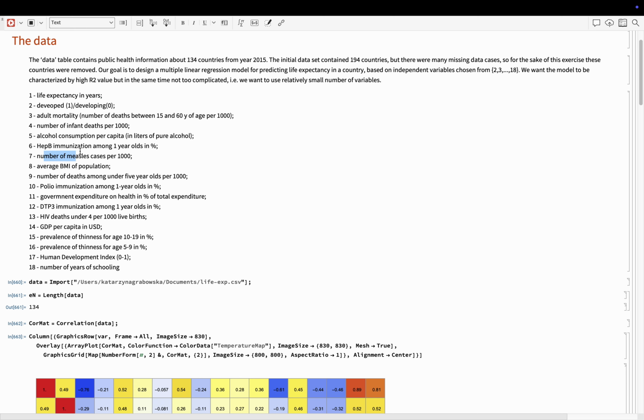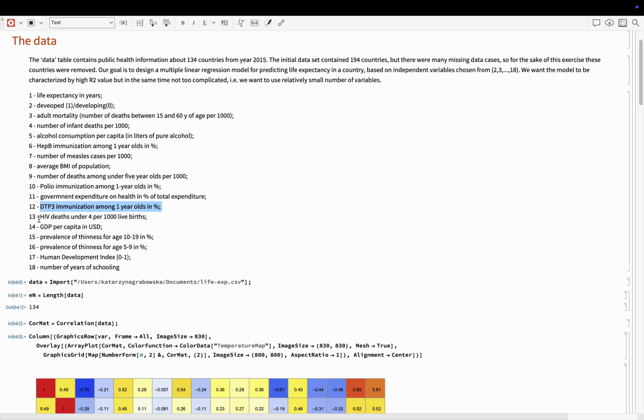number of measles cases per 1,000 people in the population, or immunization against different diseases. This includes polio, DTP3.